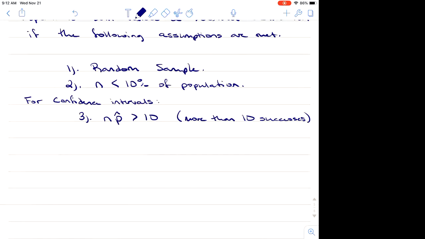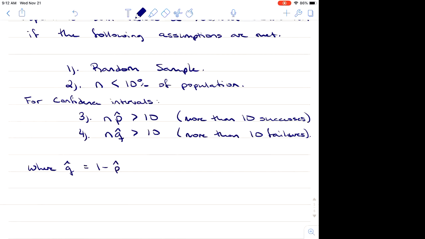And same idea, n q hat, we haven't talked about q yet, has to be greater than 10, meaning more than 10 failures. So where q hat is 1 minus p hat, right?